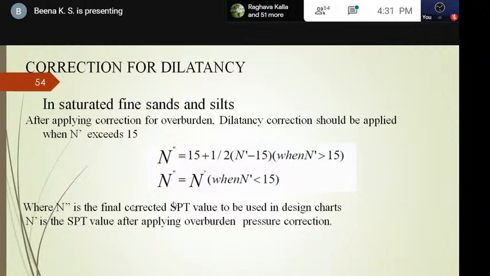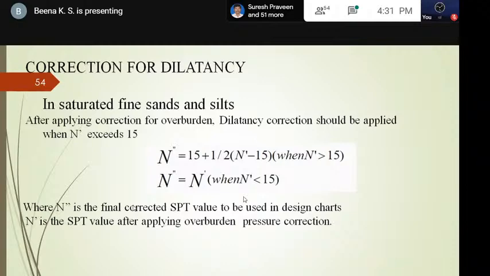That means the effective stress will increase. We know effective stress is equal to sigma minus U. So U becomes negative, meaning the effective stress increases. That ultimately results in an increase in the strength. There is an apparent increase in the strength for a fraction of a second, so the observed N value can be large. So the correction we apply here is a negative correction.